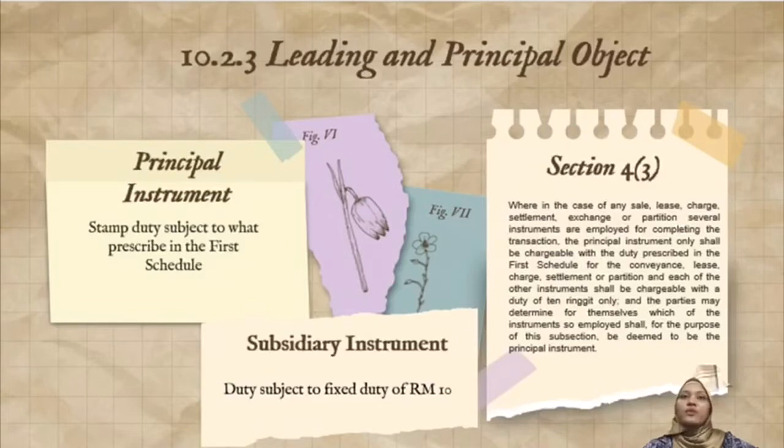Section 4.3, where in the case of sale, lease, charge, settlement, exchange or partitions, several instruments are employed for completing the transaction, the principal instrument only should be chargeable with the duty prescribed in the First Schedule for the conveyance, lease, charge, settlement, or partition, and each of the other instruments should be chargeable with a duty of 10 ringgit only, and the parties may determine for themselves which of the instruments so employed should, for the purpose of this subsection, be deemed to be the principal instrument.